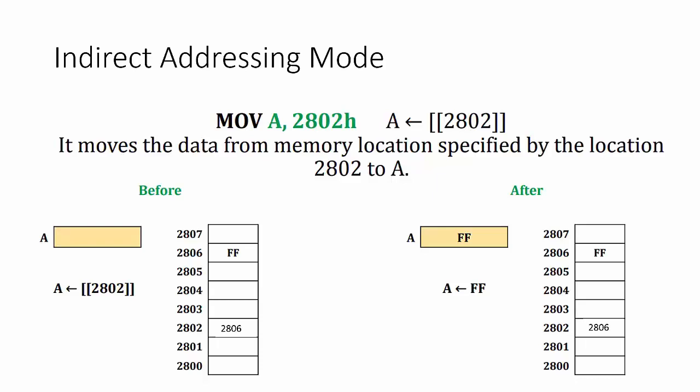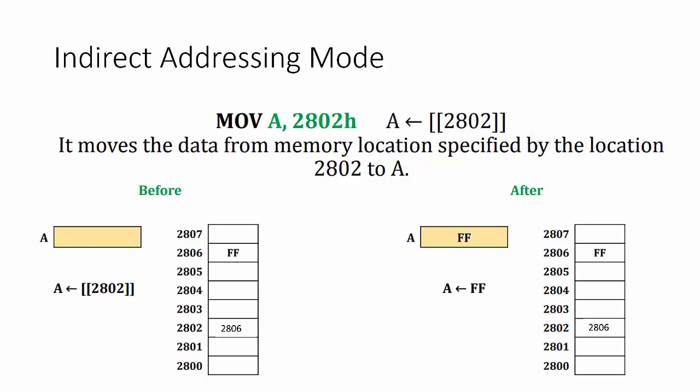2806. Remember that the value in the memory location given in this addressing mode is not the actual operand, it is the memory location of the actual operand.